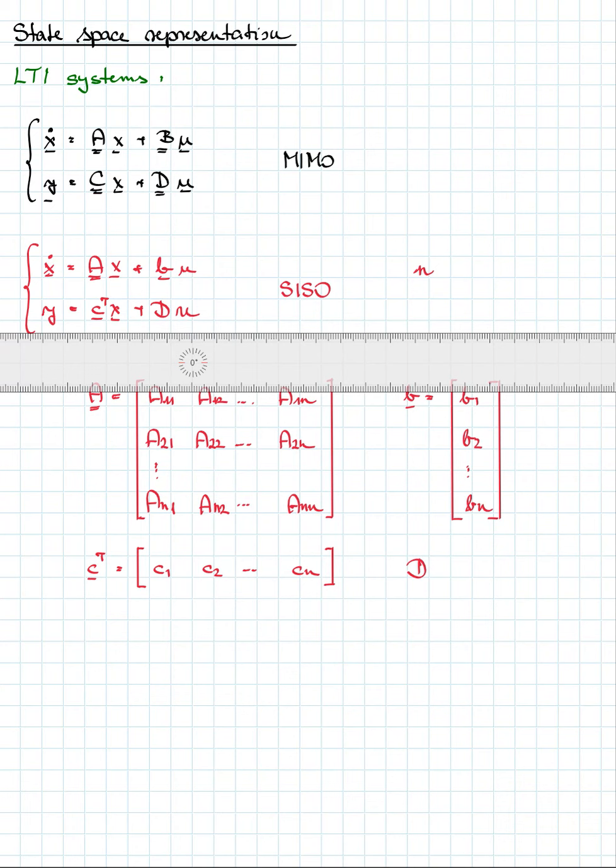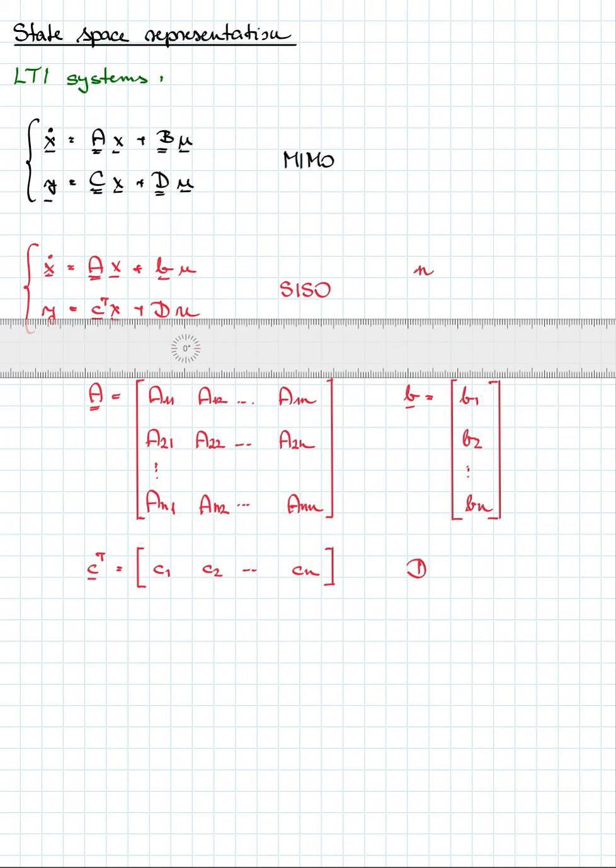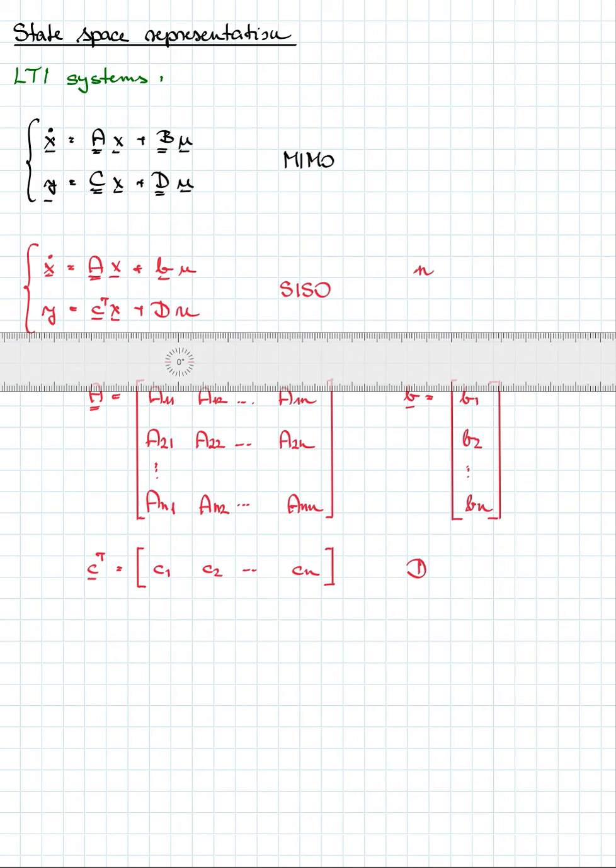In that case, n is equal to 2. So the number of the states is usually n. It is coming from the dynamic parts of the system. And the state space representation contains only one algebraic equation for the output.